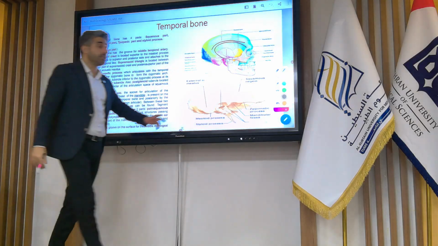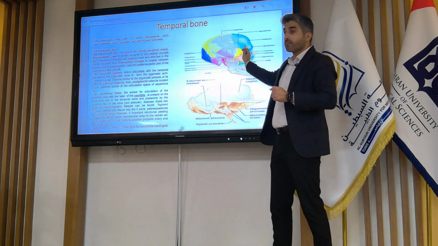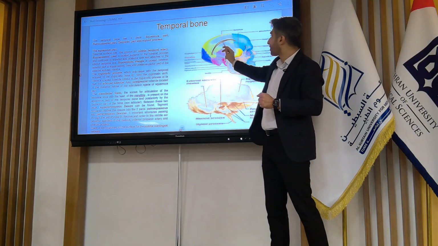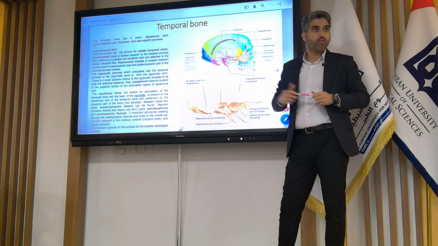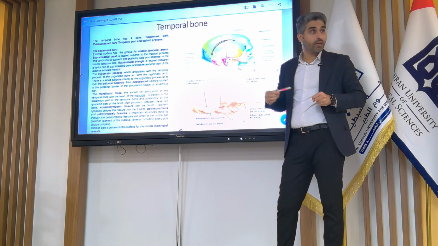So as you can see, this temporal line starts from the frontal bone, but some part of this line is located in the parietal bone. As you can see, these parts of the superior temporal line and inferior temporal line are located in the parietal bone.